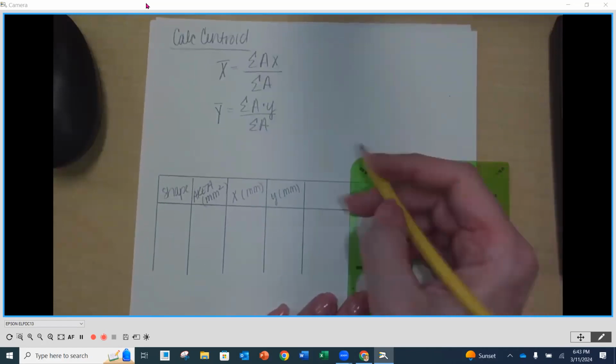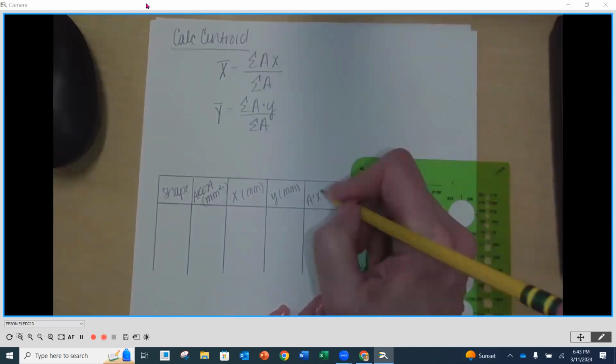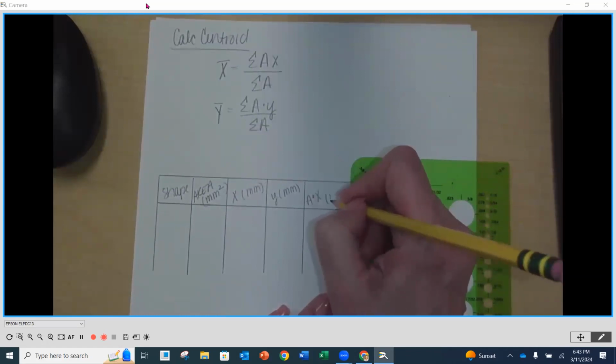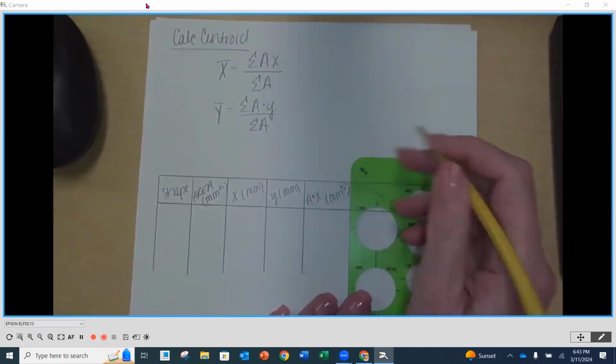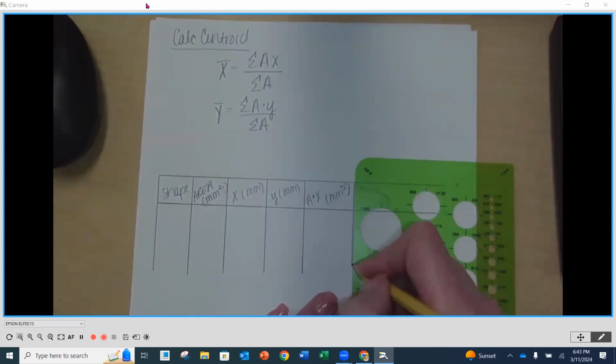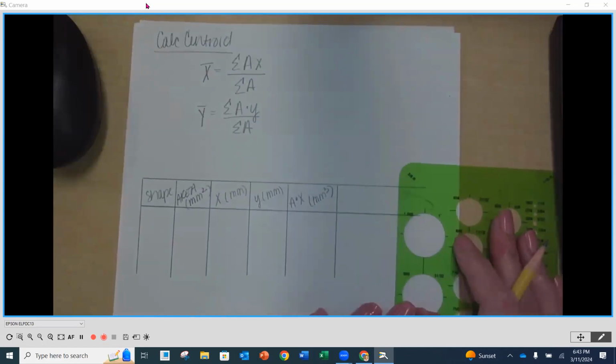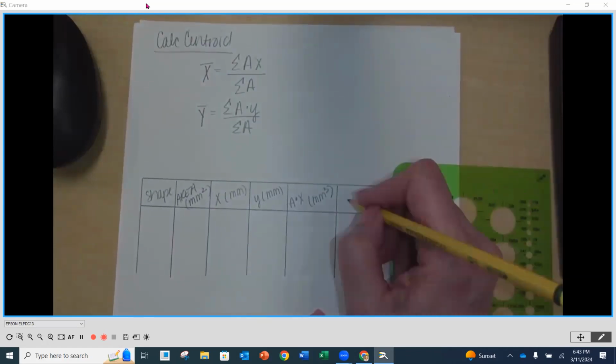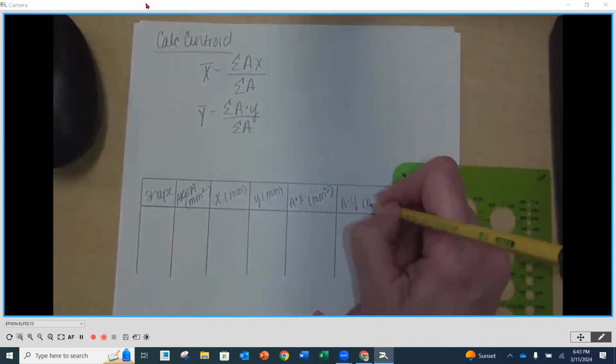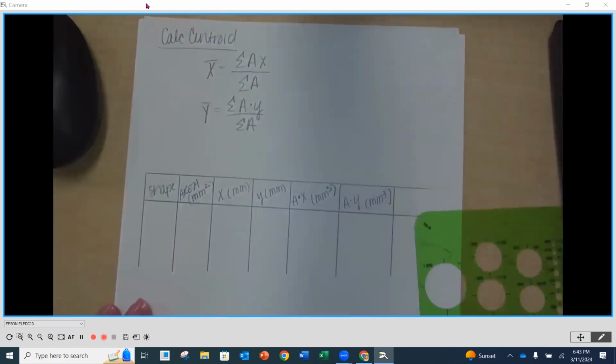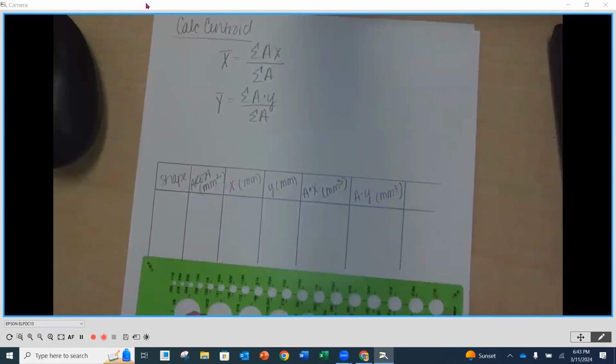Then we're going to have our A times X, and that's going to be millimeters cubed. And then we're going to have our A times our Y, and that's going to be millimeters cubed.